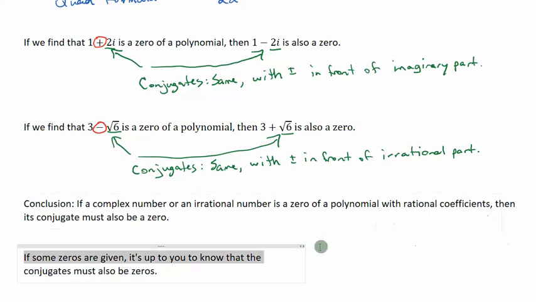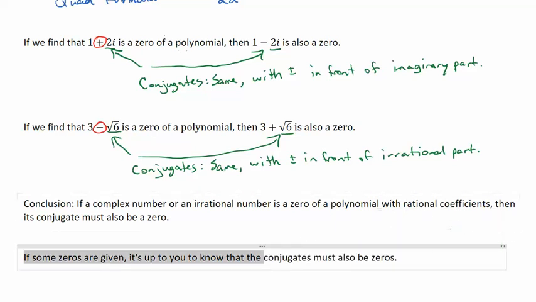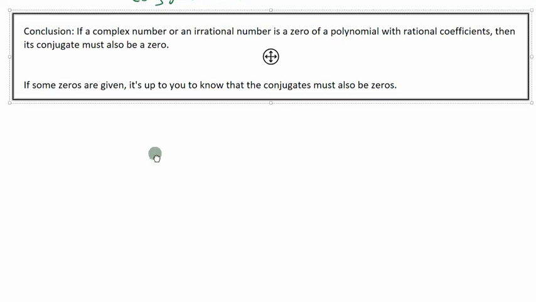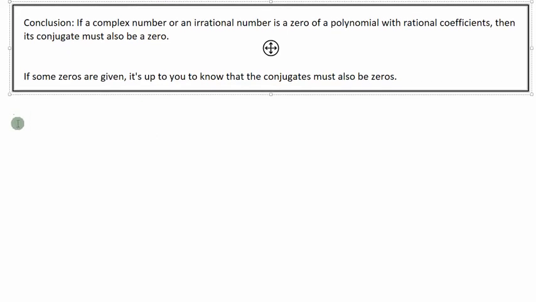Okay, so let me emphasize these two statements very quickly. I'll put them inside this box here, and let's look at a question that this could help us maybe solve.